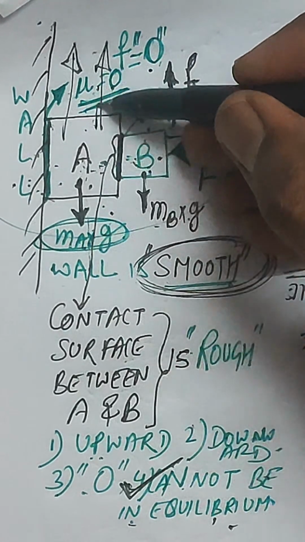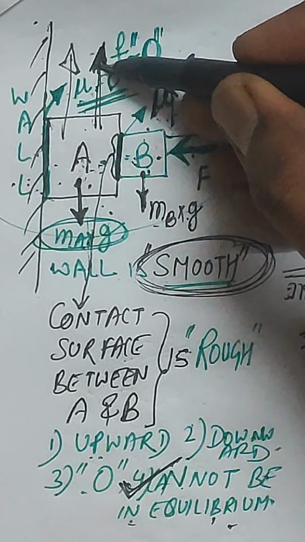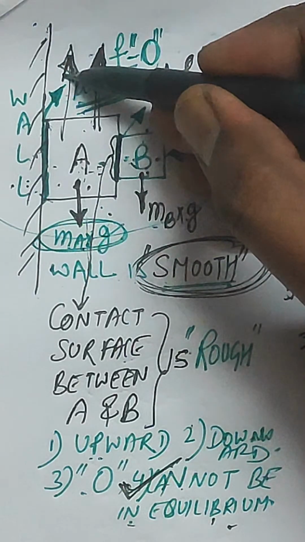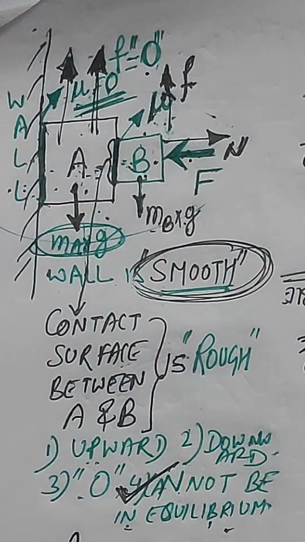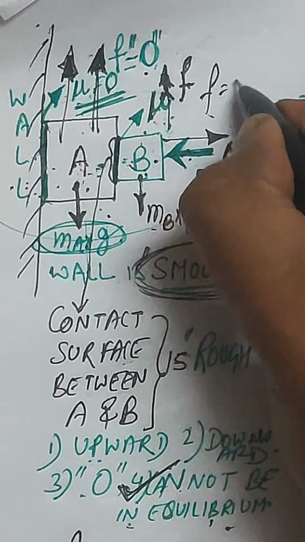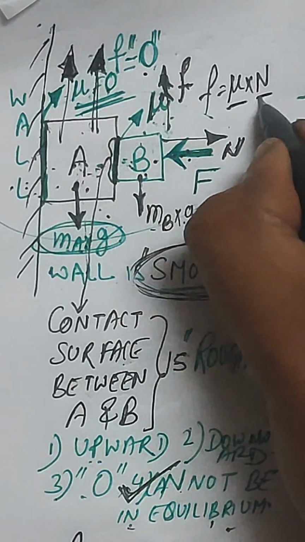So here the frictional force would be the only force having an impact, but it will not. Why? Because the frictional force is equal to mu into N. That is, frictional force is the product of mu and the normal force, the coefficient of friction and the normal force, right?